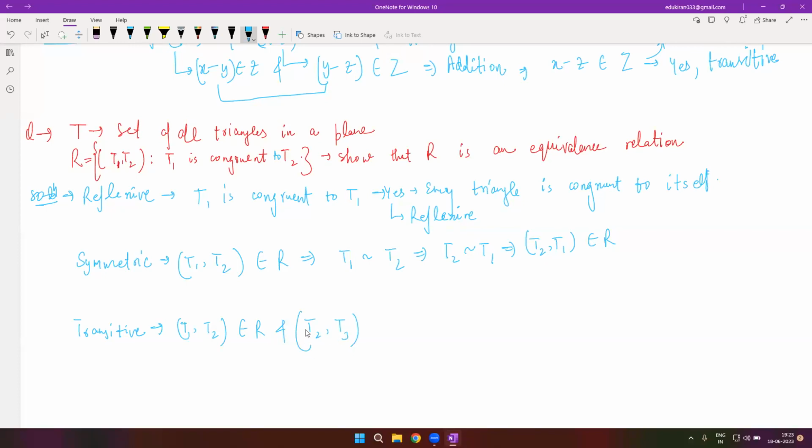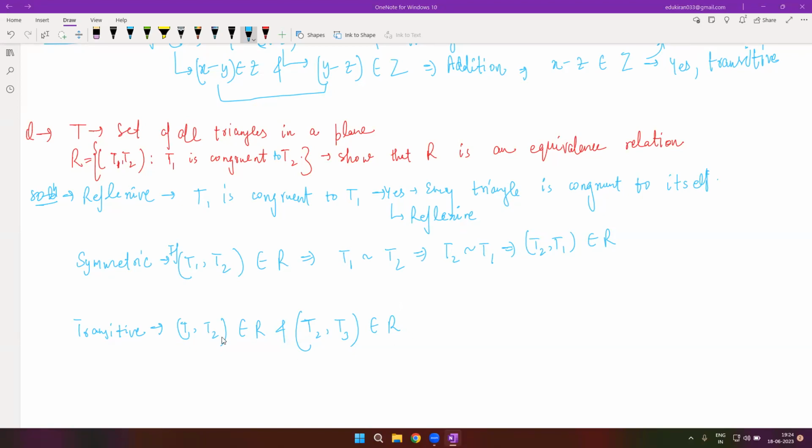If T1, T2 is there and T2, T3 is also there, then you need to prove that T1, T3 is also there. T1 and T3 are congruent.